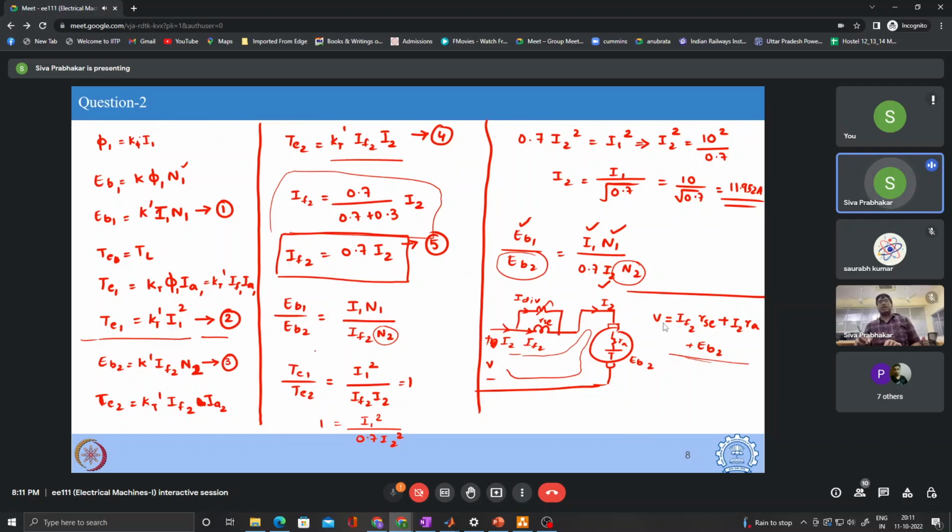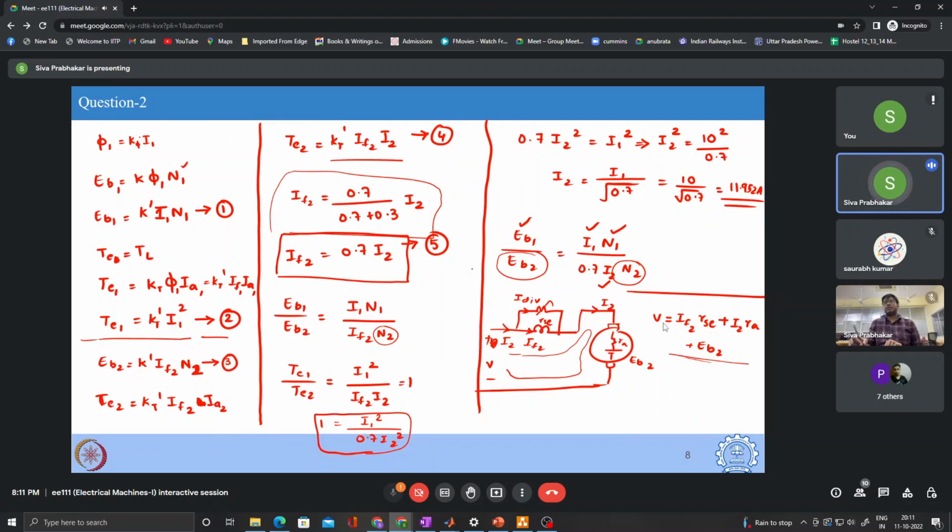It is given that the load torque is a constant, so I got a relationship between I1 and I2. I can find the value of I2 because I1 is already available to us. So I got the value of I2 to be 11.952 ampere as against 10 ampere in the previous case.